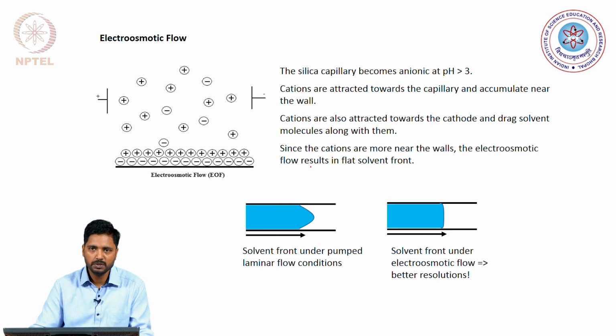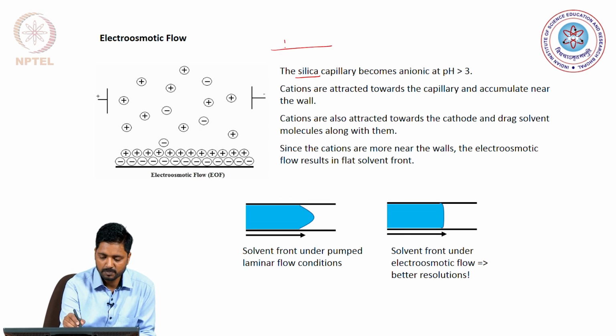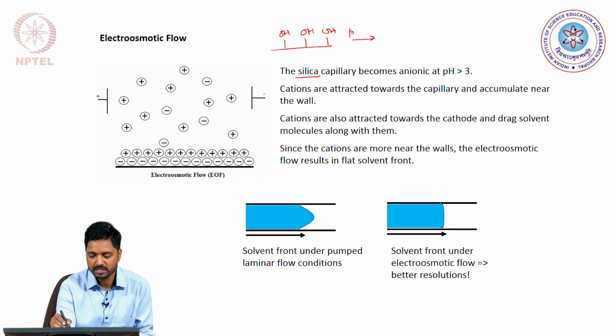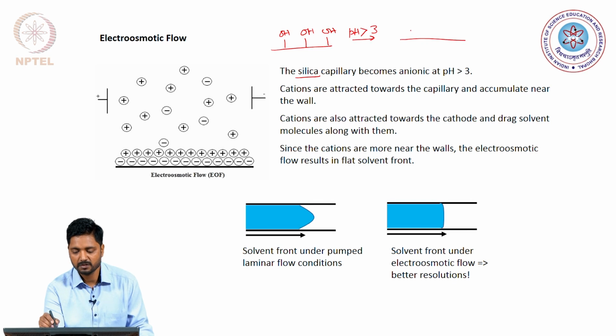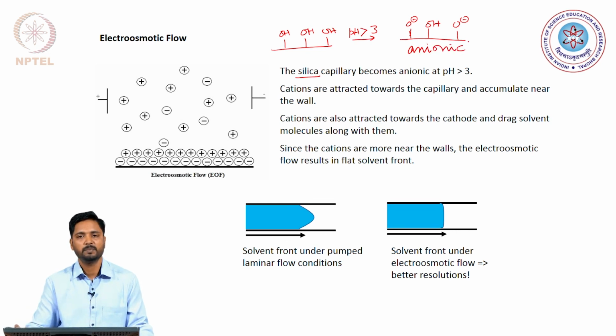Now, I have already told you that the capillaries are made up of fused silica, and this silica, as discussed in the previous classes, has hydroxyl residues present on its surface, and as the pH becomes greater than 3, these hydroxyl residues undergo partial ionization, and this makes the silica surface anionic under the typical conditions in which electrophoresis is undertaken.